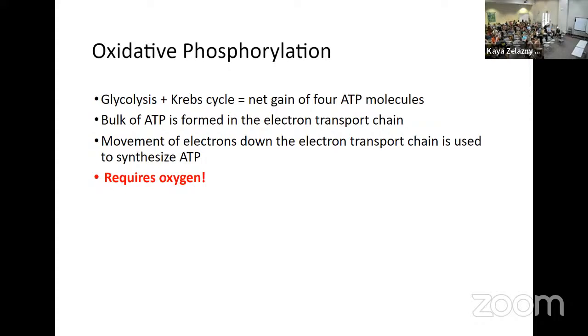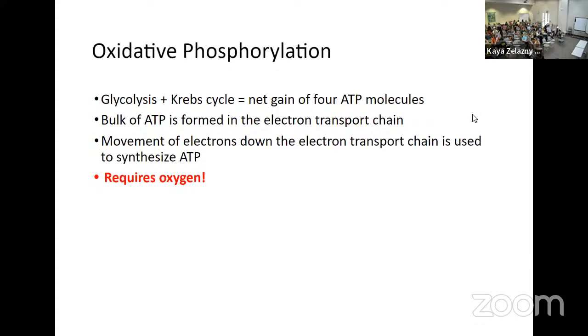So it looks different, it works different than those earlier parts of this process. We're using this movement of electrons to fuel our ATP production in this oxidative phosphorylation step.